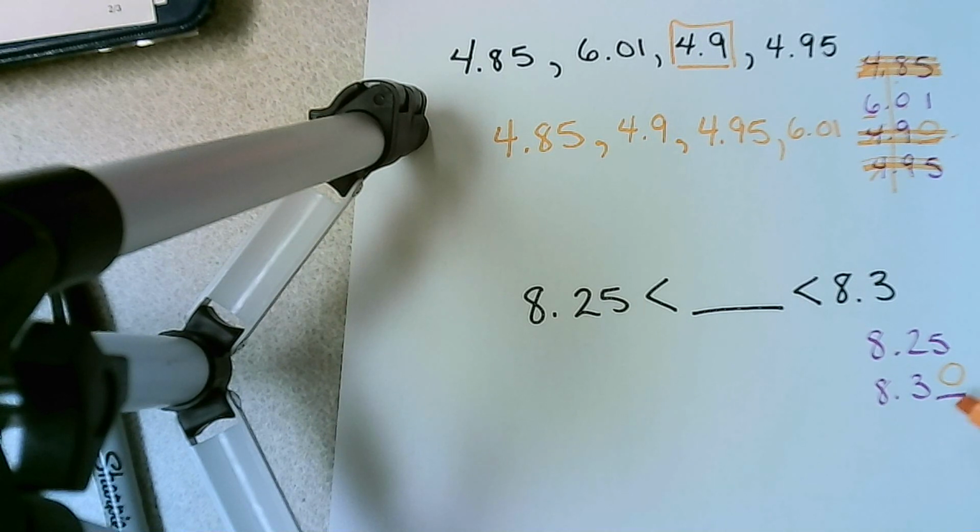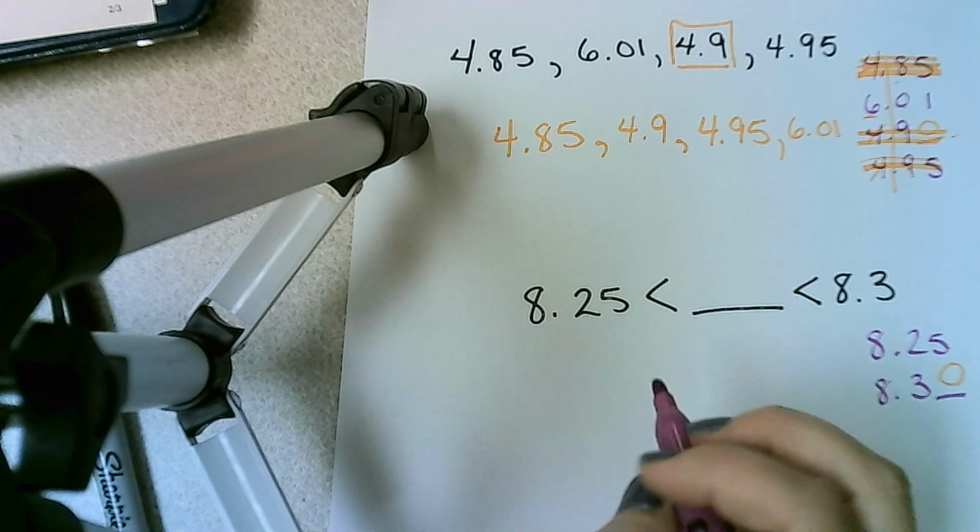By saying 8 and 3/10, it makes it a little confusing, but if you make it have the same amount of places after the decimal, we're going to realize that, well, 26, 27, 28, and 29 all work.